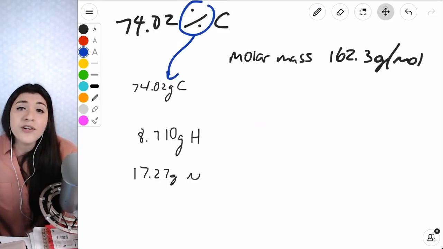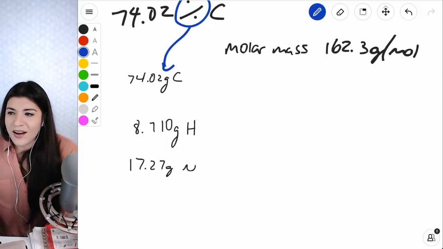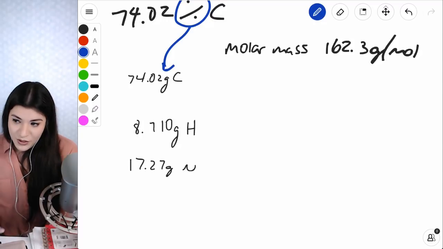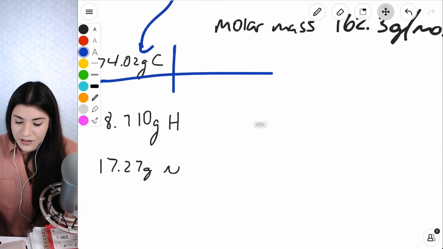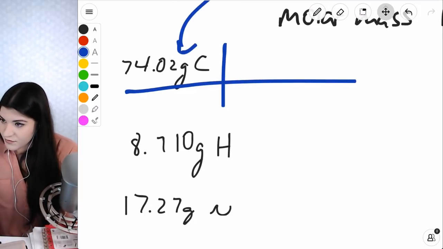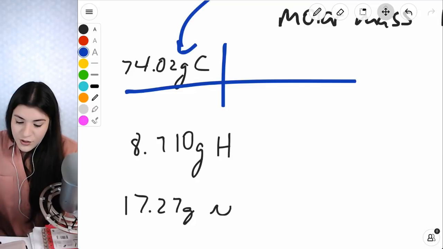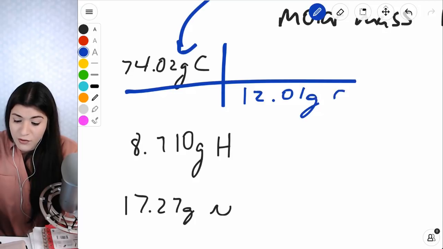Then once we have it in grams, the next step is to convert every single gram value into moles. So looking at grams of carbon, I'm going to convert that to moles, and let's find the molar mass of each. Looking at the periodic table, this is 12.01 grams of carbon per every 1 mole of carbon.